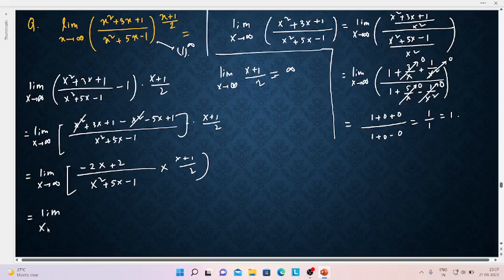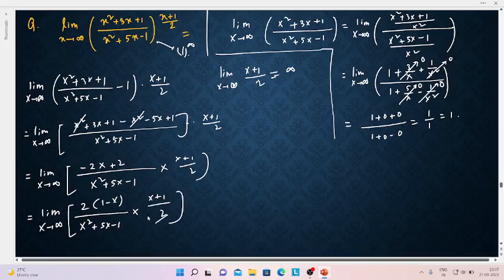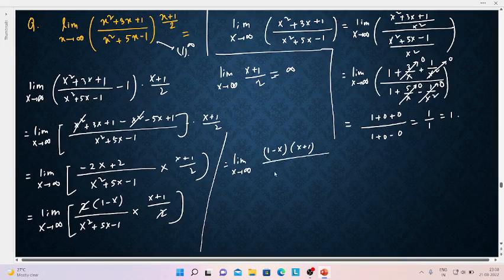If we take common 2 from the numerator, it becomes 2(1 - x). So 2 and 2 cancel out, and we have the limit x tends to infinity of (1 - x)(x + 1/2)/(x² + 5x - 1).